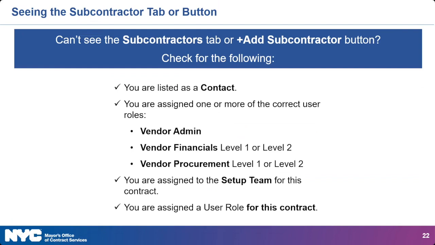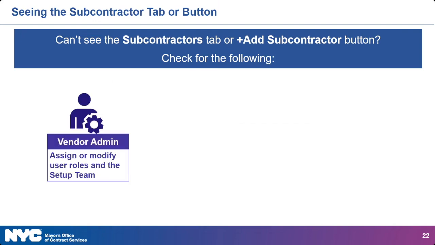You must also have been added to the setup team with the correct user role assigned, and that's on a contract by contract basis. Right? If you don't have any of these roles and you think you should, go to your organization's vendor admin to make sure that you are assigned the correct user role for both your organization and on the setup team for this contract.